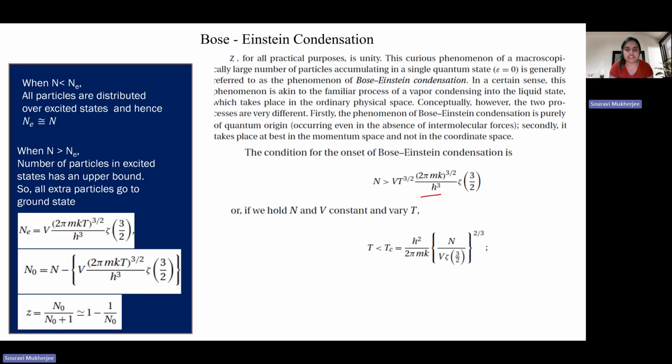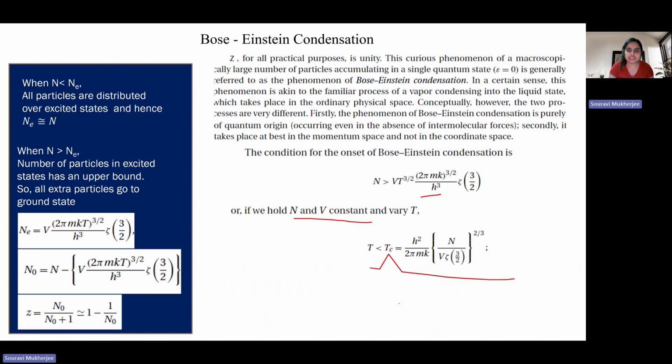Now, if you hold N and V constant and vary T, what would happen? Basically, you would see that there is a temperature below which condensation happens. So for T less than Tc, you start getting condensation.